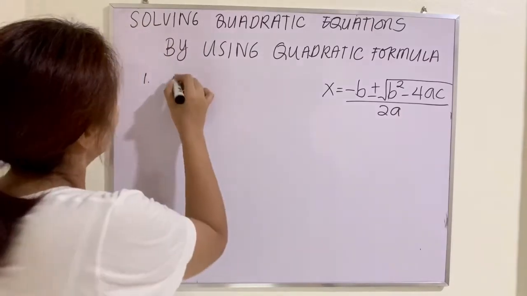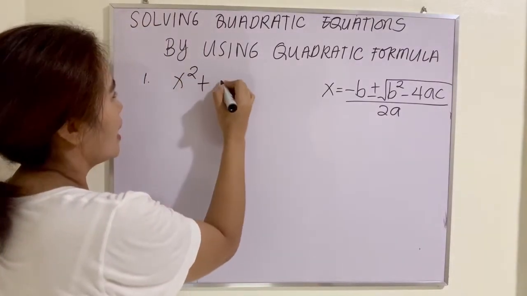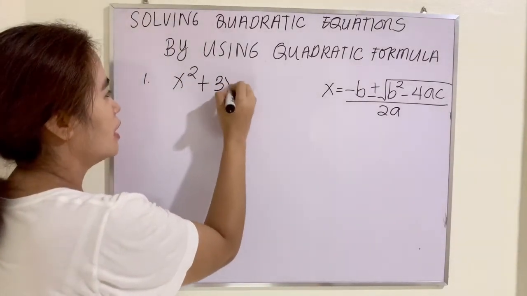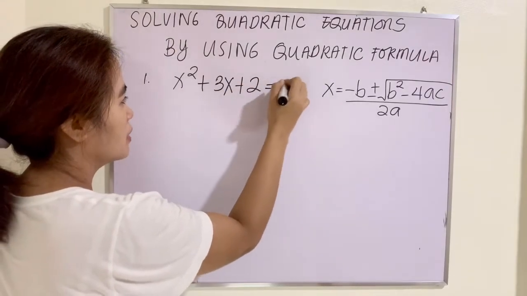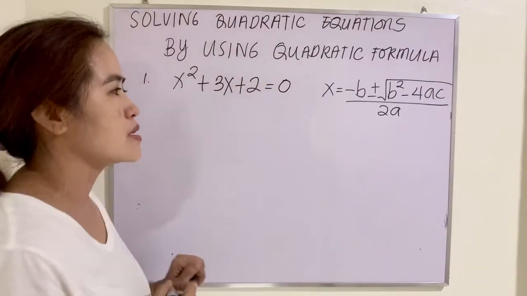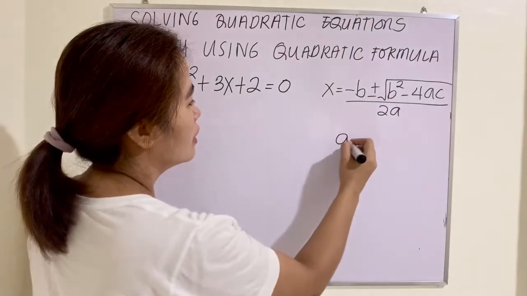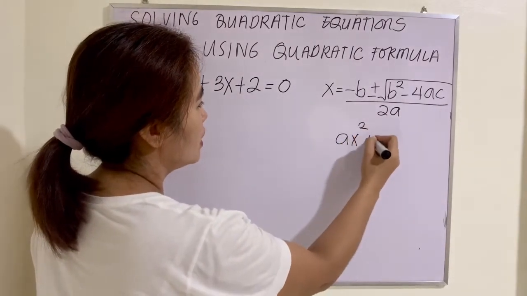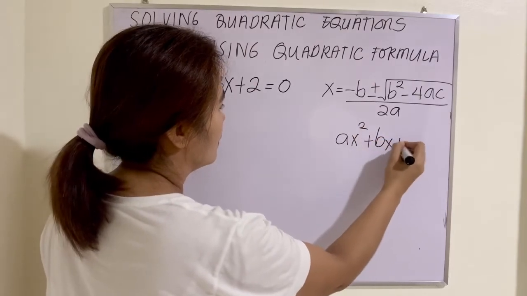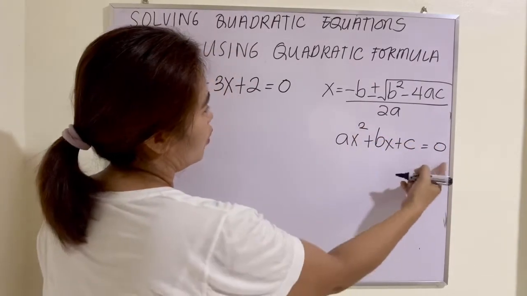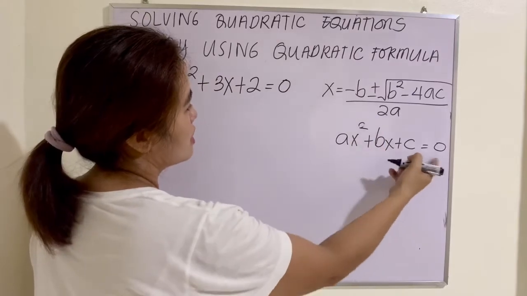Now, if we have the equation x squared plus 3x plus 2 equals 0, this is a quadratic equation, of course. Before you apply this formula, see to it that your equation is written in standard form, like this: ax squared plus bx plus c equals 0.